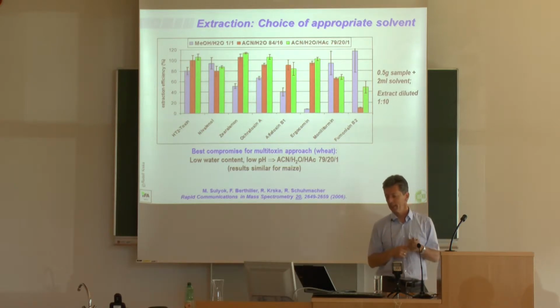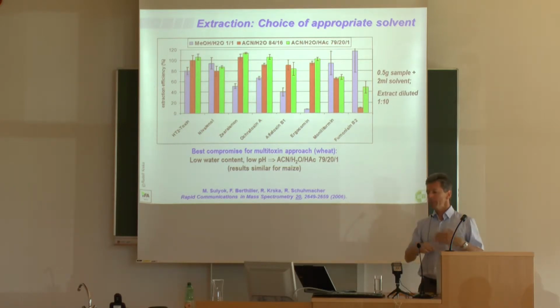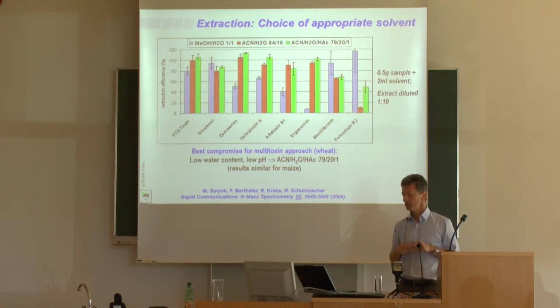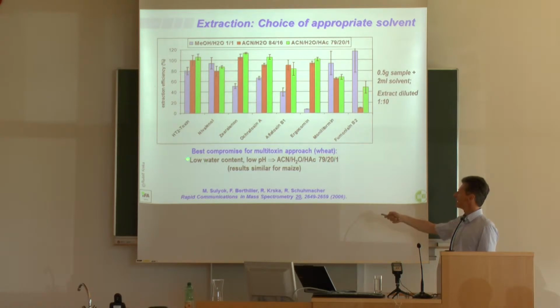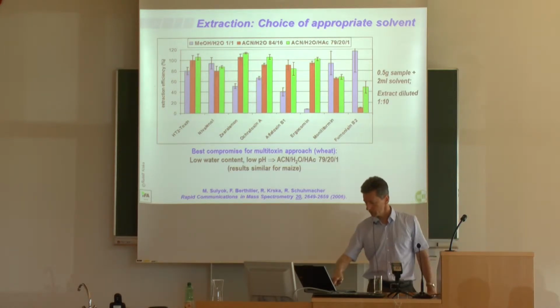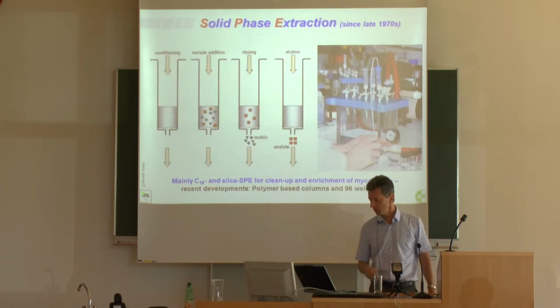Under these circumstances of having to find a compromise, it can be considered a reasonable recovery. So the best compromise for a multitoxin approach, in this case for wheat, is low water content, low pH, in this range of acetonitrile, water, acetic acid, 79:21.